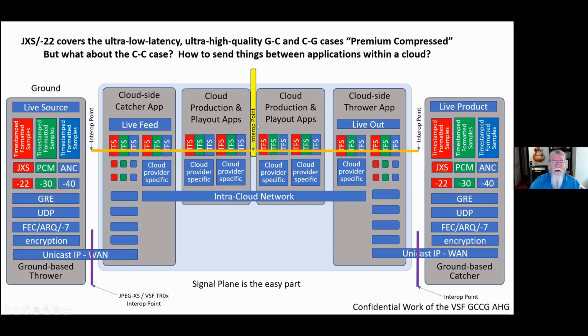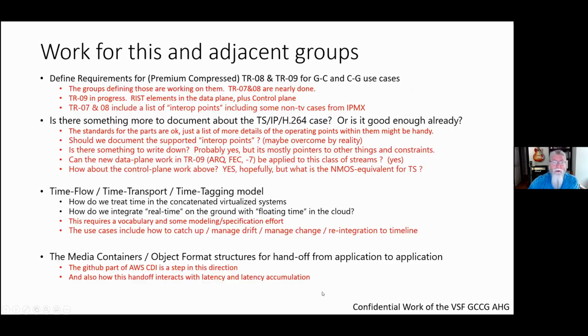But within a cloud provider, there's a need for an interop point between instances. So if you wanted to build a workflow in a cloud that had parts from different vendors, how would you send content from one part to another in a way that's written down and mutually agreed? That's what we've been really focused on the last many meetings of the GCCG group.